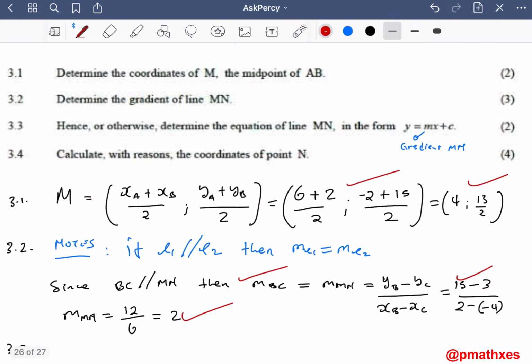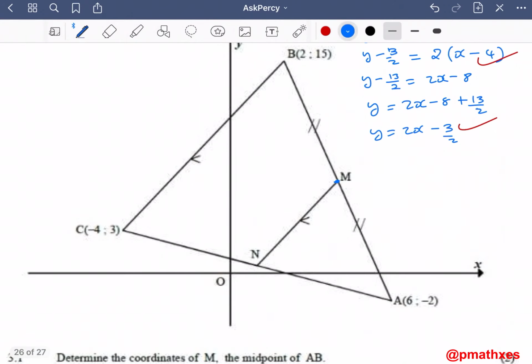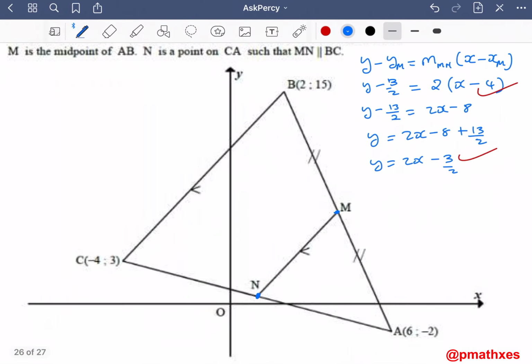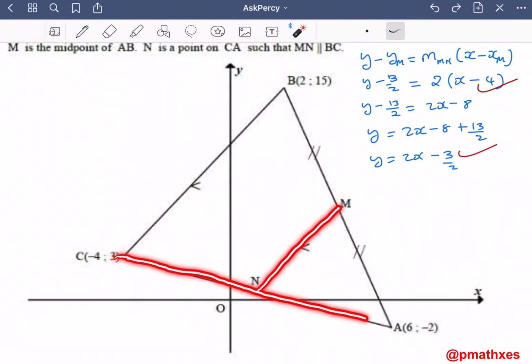Now 3.4. Calculate with reasons the coordinates of point N. So the coordinates of point N, where's N? Okay, there's N. Now what I want you to see is N is a point where these two lines intersect.